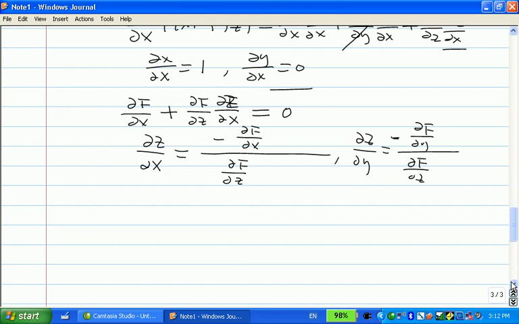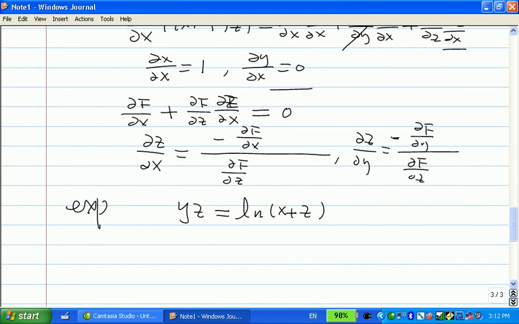Okay, now let's look at the example. I'm using the example on the exercise page. We have an equation like this: yz equal to ln(x plus z).